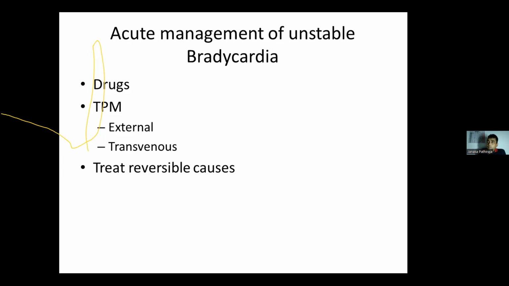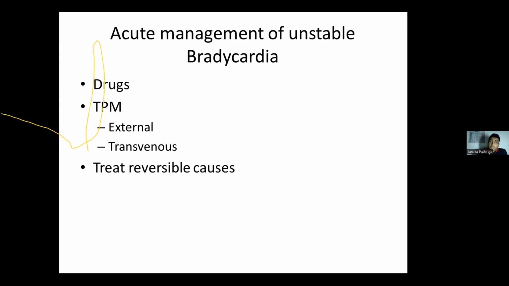If there is any, you have to treat the cause. When you treat that cause, the patient should be taken off the temporary pacing, because once the underlying problem is treated, the patient should be better. Then we can take the temporary pacemaker out, right?